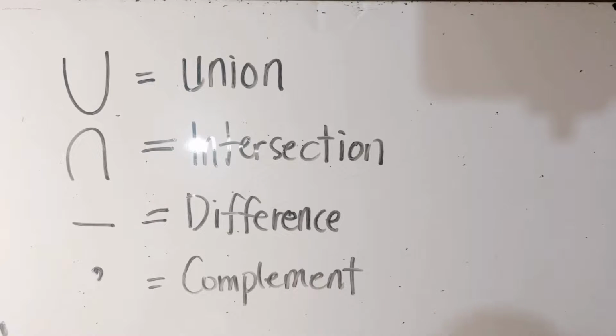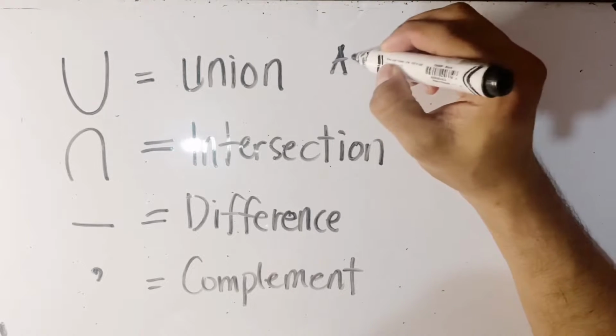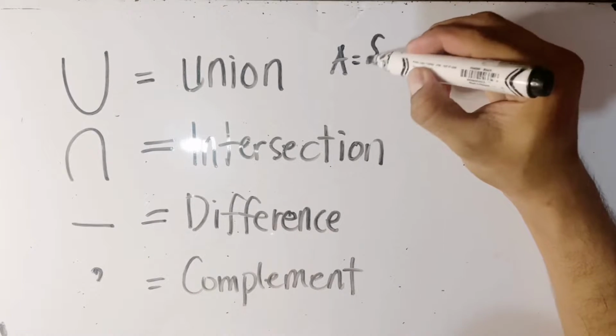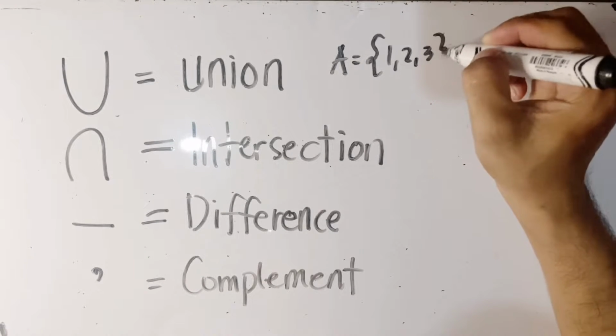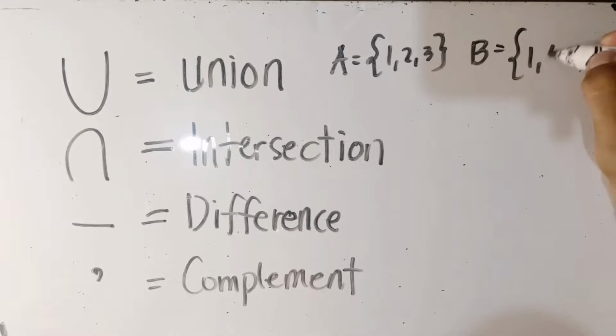So how do we use these symbols? We use union when we fuse together the elements of two or more sets. For example, set A is 1, 2, 3, while set B is 1, 4, and 5.